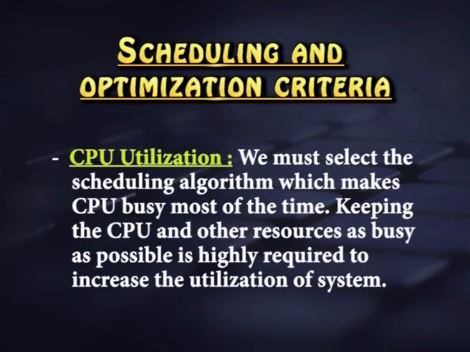First is CPU utilization. We must select the scheduling algorithm which makes CPU busy most of the time. Keeping the CPU and other resources as busy as possible is highly required to increase the utilization of the system.